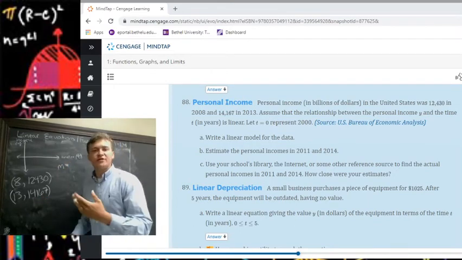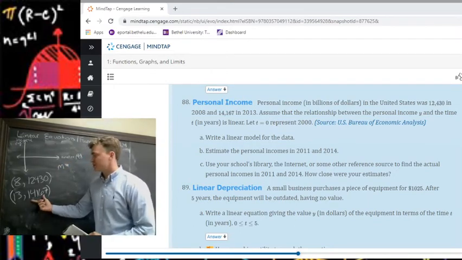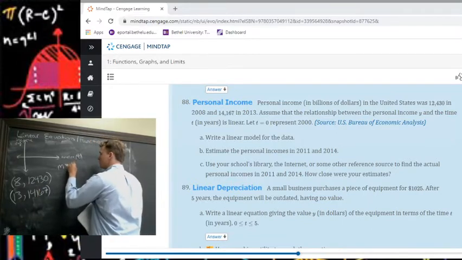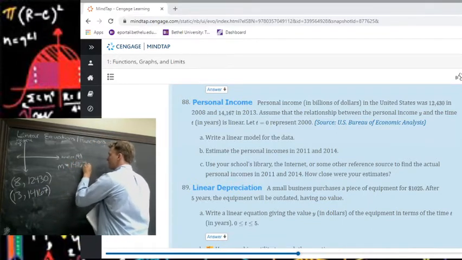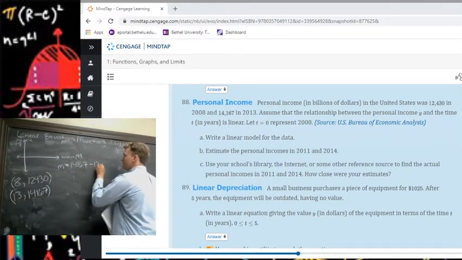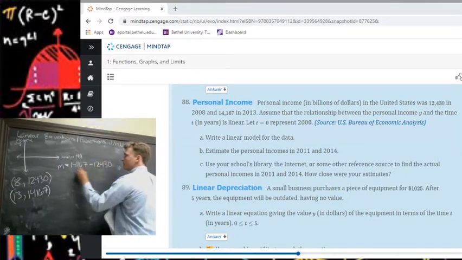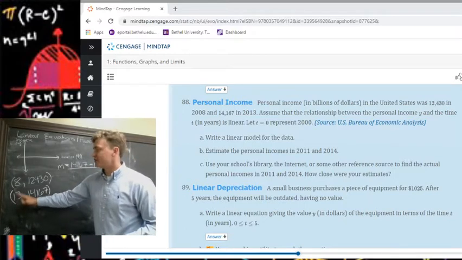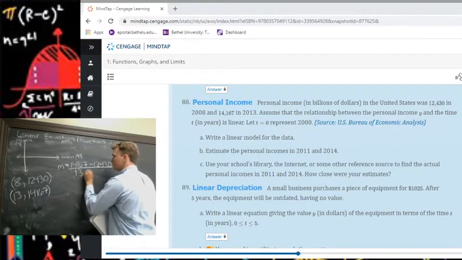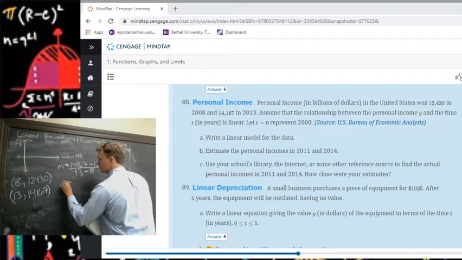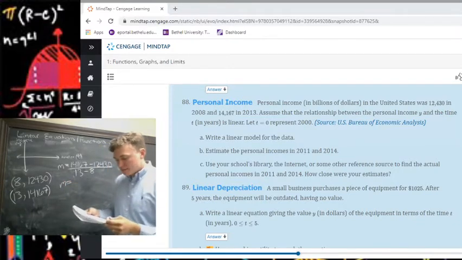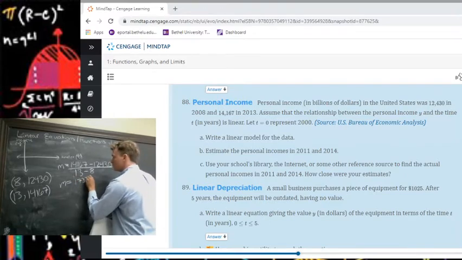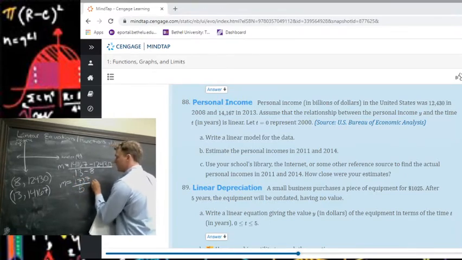Our slope here, the change in the y variable, so this 14,000 and 12,000, let's look at their difference. Let's divide that by the change in the t variable, 13 minus 8. So subtracting the top numbers here, we get 1,737 divided by 5.